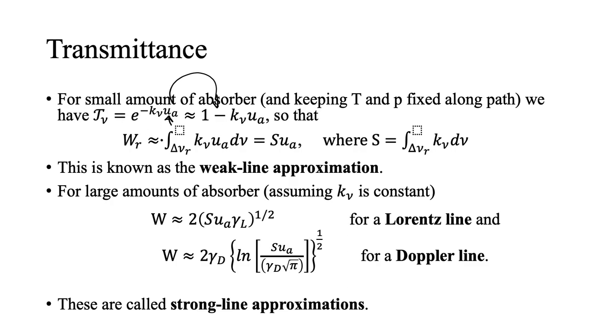Okay, remember it's 1 minus transmittance, so it's simply the integral of that. This is called the weak line approximation. For strong lines, the opposite regime in which there is a lot of absorption, we'll talk about strong line approximations, and depending on whether you have a Lorentz or Doppler line, this is what the equivalent widths look like.